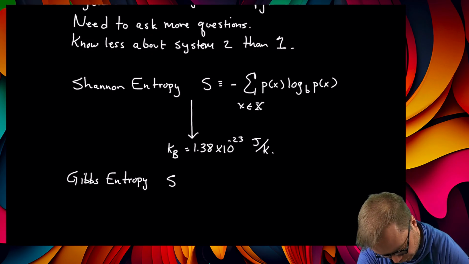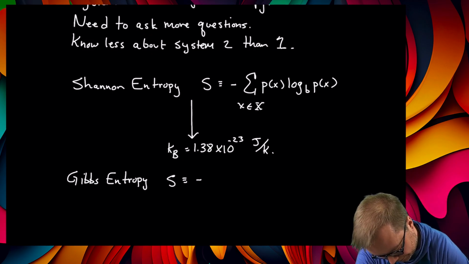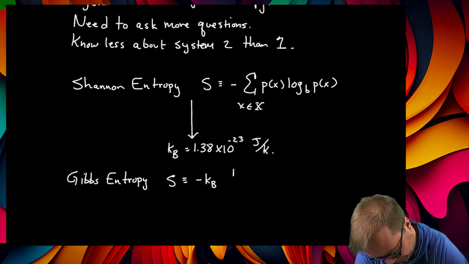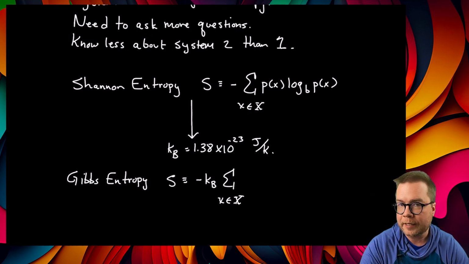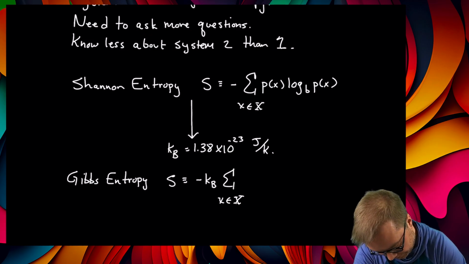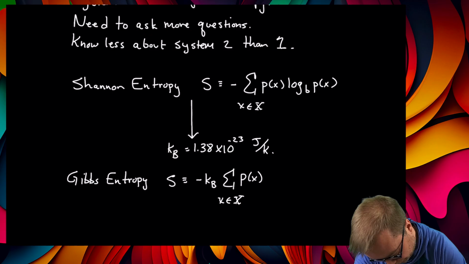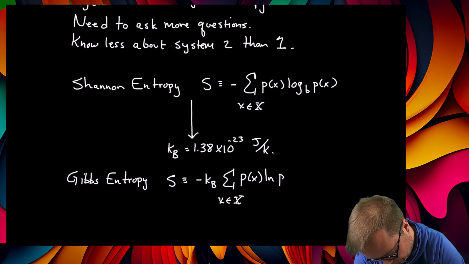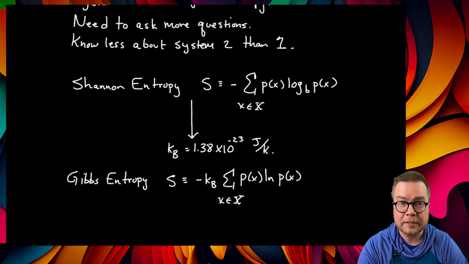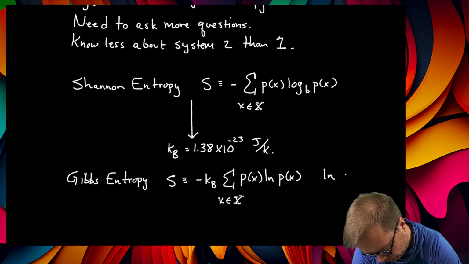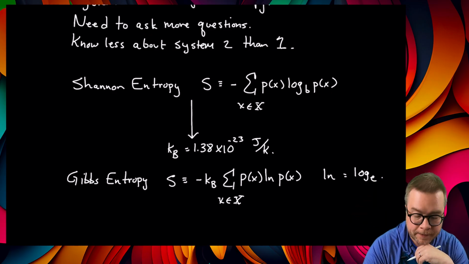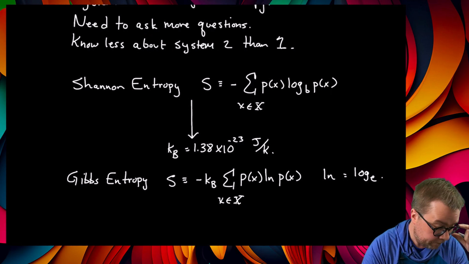And so we could define the entropy as minus KB, again, the summation over the options that are possible in the set of all options, and I'll make that a little bit more specific in a second, of P of X natural log P of X, right? And remember, natural log is just log base E of something. Okay, so we've got the Gibbs entropy.